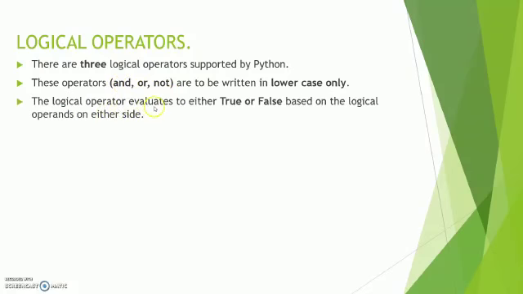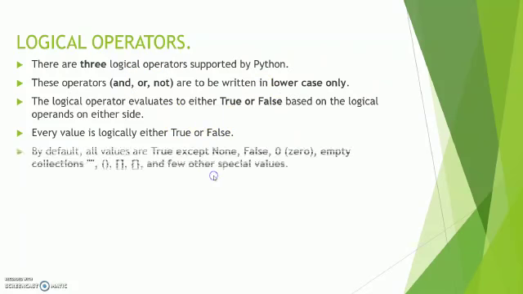The logical operator evaluates to either true or false based on the logical operands on either side. When we perform operations with these, the answers are either true or false, depending on the operands. Every value is logically either true or false. So we have only 2 values as the result, true or false. By default, all values are true except None, False, 0, and empty collections.